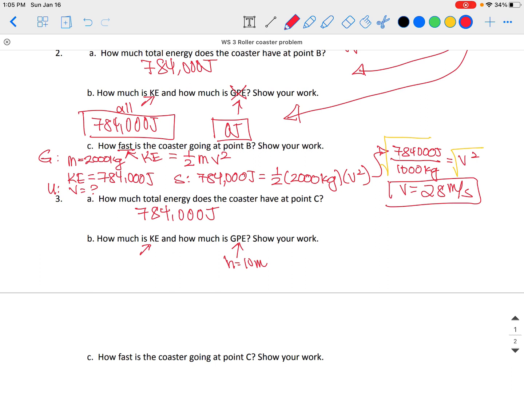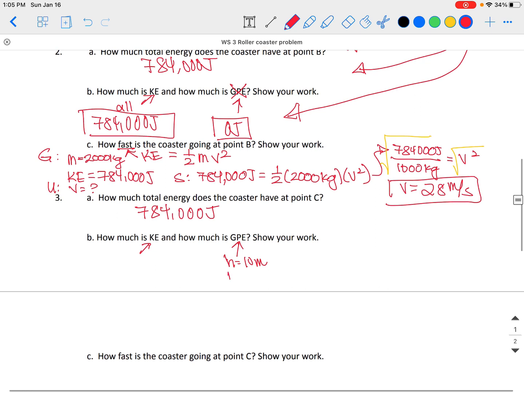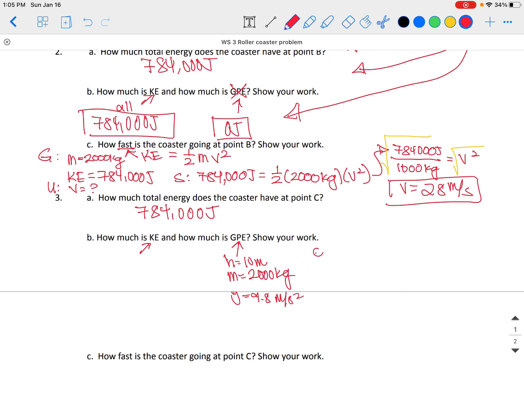So what we're going to do is solve for gravitational potential energy first. The reason why is because we have enough information. We know the height, we know the mass is 2,000, and we obviously know gravity is equal to 9.8 meters per second squared. So we can do this calculation of gravitational potential energy, mgh.